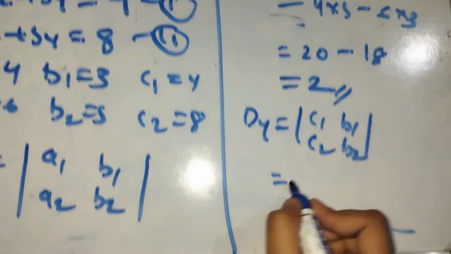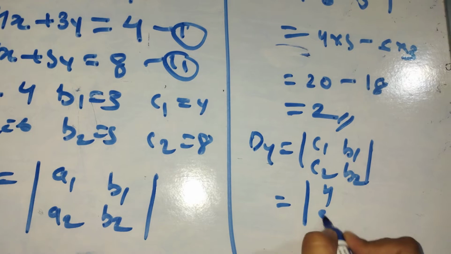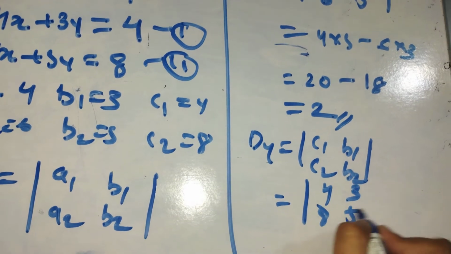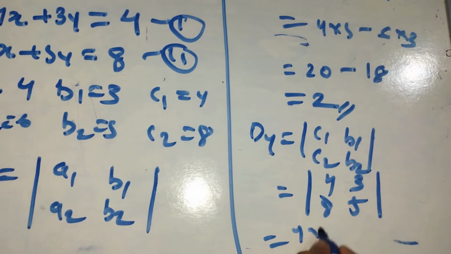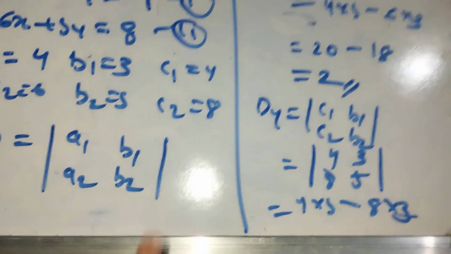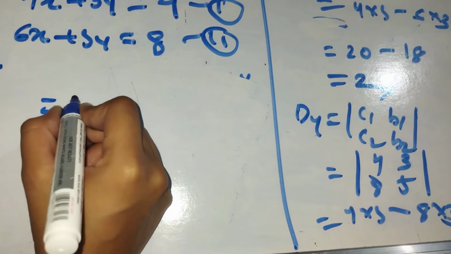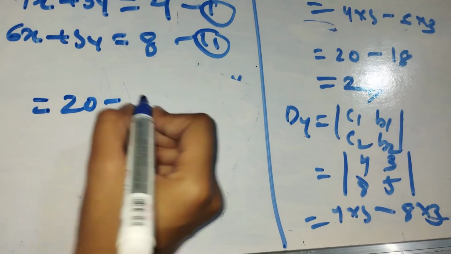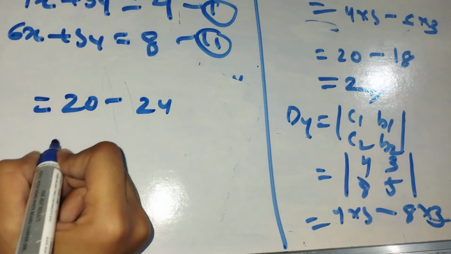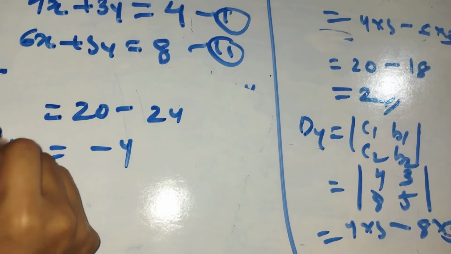So C1 is your 4 8 and B1 is your 3 5. So 4 multiplied by 5, 8 multiplied by 3. 4 5s are 20 and 8 3s are 24. Here you will get minus 4 as the value of dx.